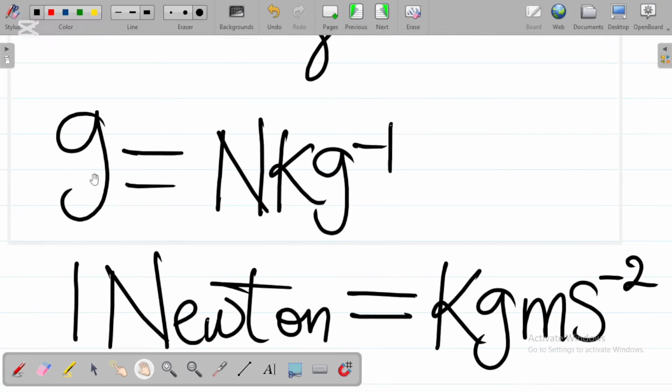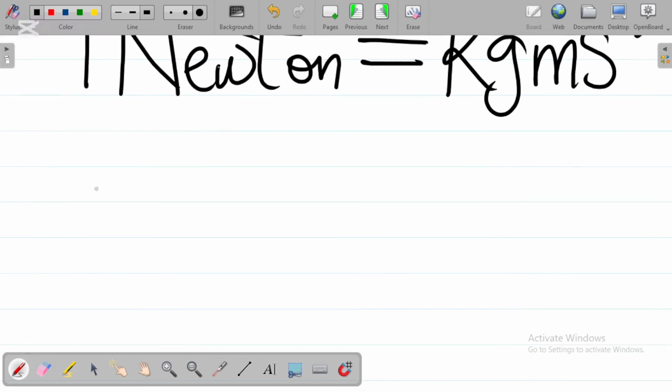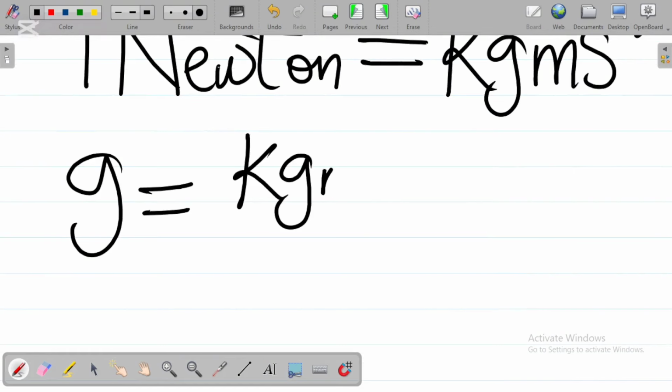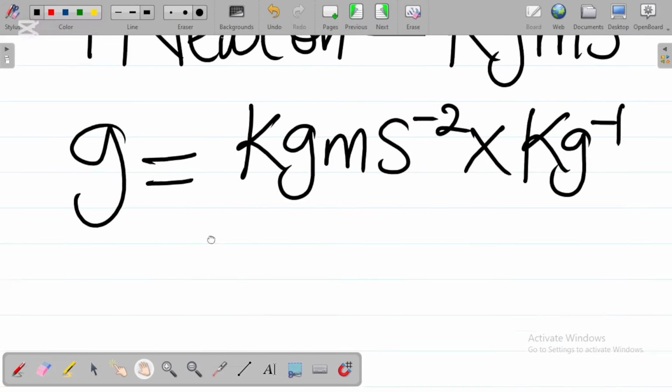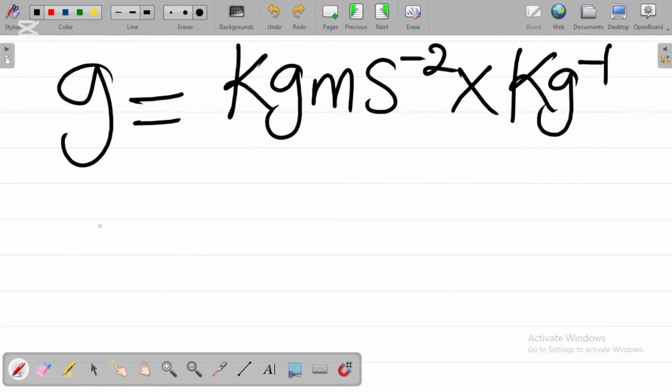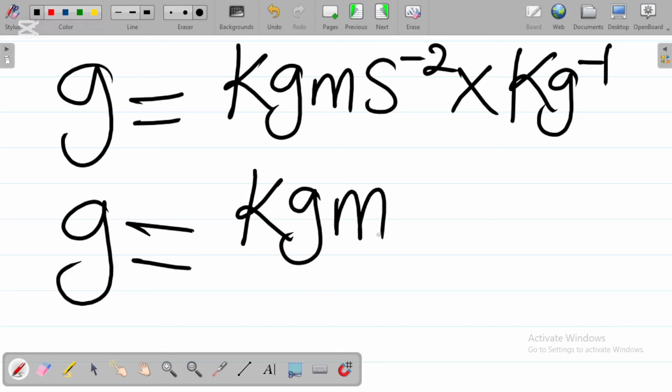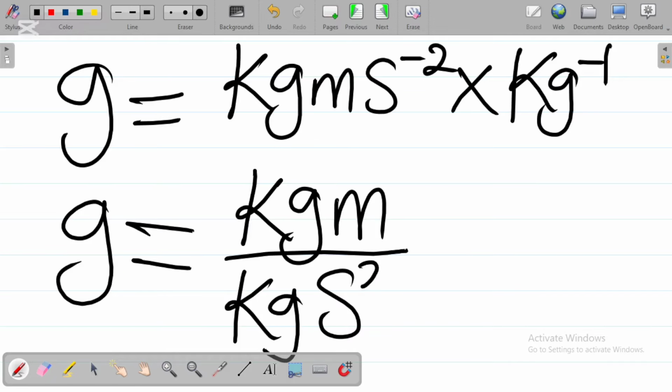So if we substitute this into G, we would have G is equal to kilogram meter per second squared multiplied by per kg. So this can be written as G is equal to kg and then meter all over kg and then second square.